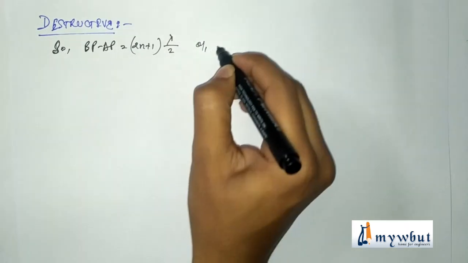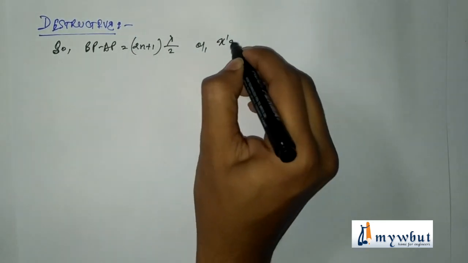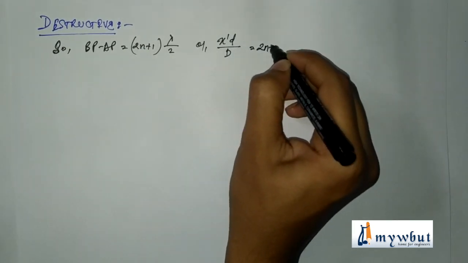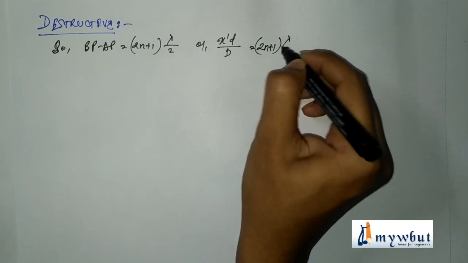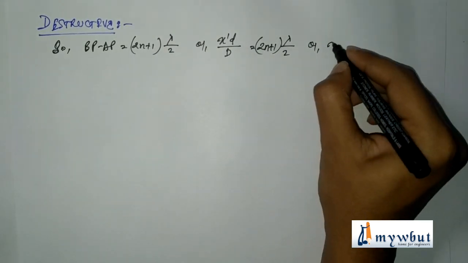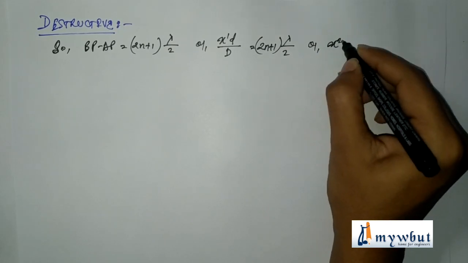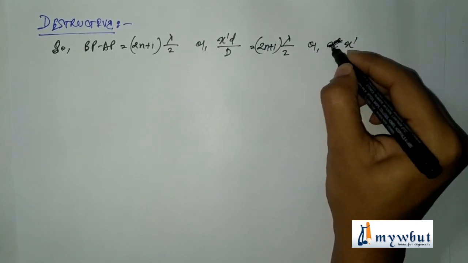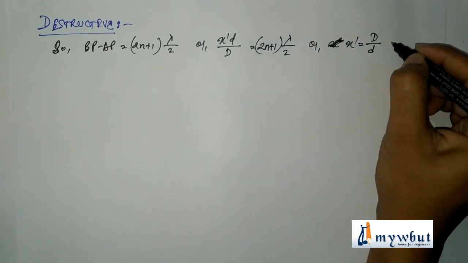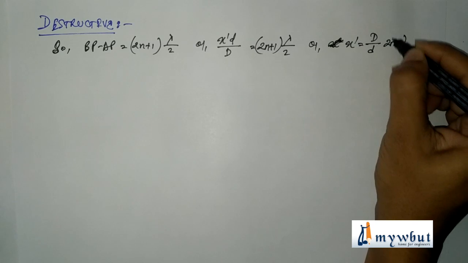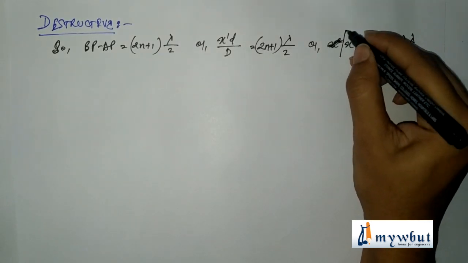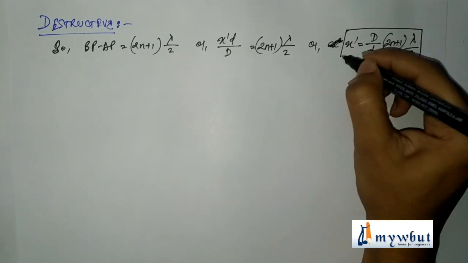Or we can write x dash small d by capital D equal to 2n plus 1 lambda by 2. Or we get that x dash equal to capital D by small d into 2n plus 1 lambda by 2. So this is another important conclusion.